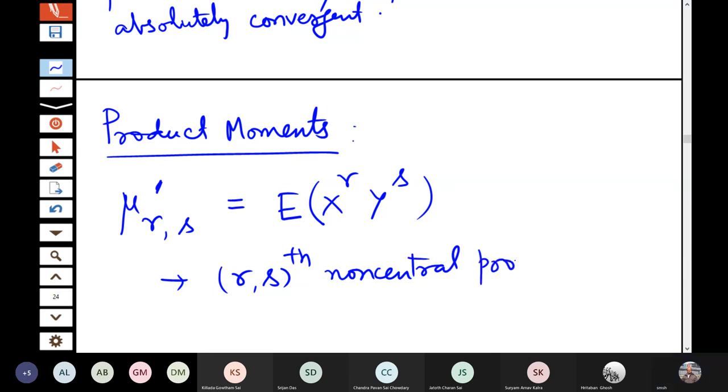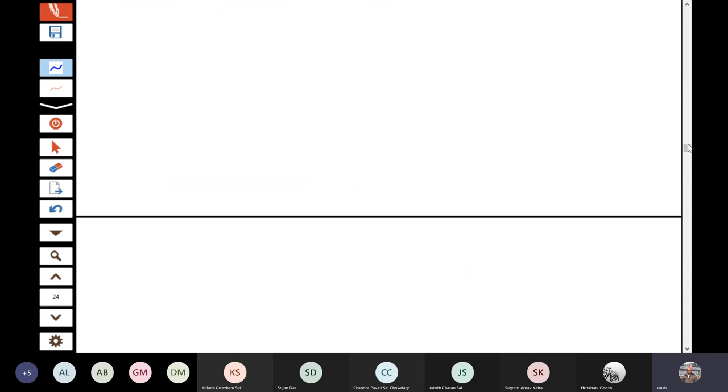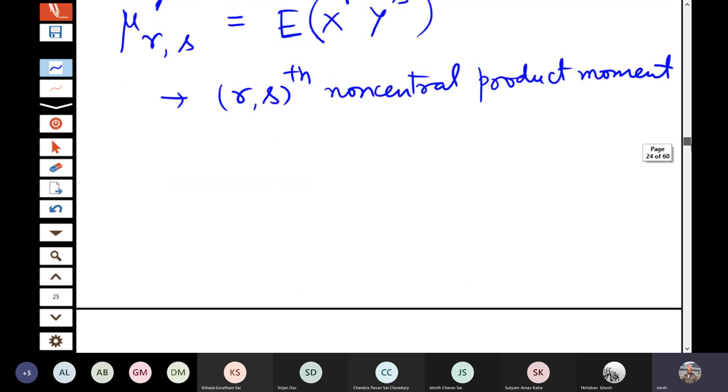In particular, if I consider r equal to 1, s equal to 0, I will get expectation of x. Similarly, if I put r equal to 0, s equal to 1, I will get expectation of y. So they are the special cases.